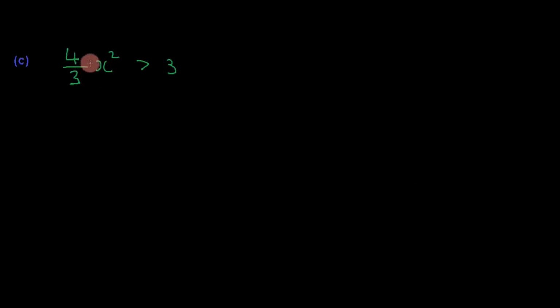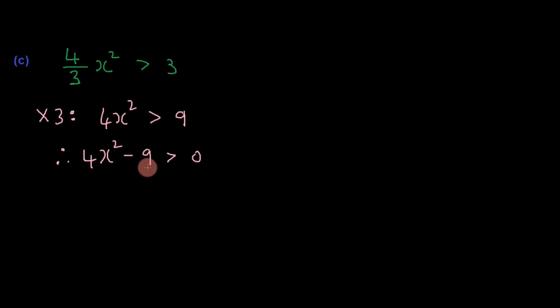So in C, we have 4/3 x squared is greater than 3. We can start by getting rid of the fraction here and multiply through by 3. So we get 4x squared is greater than 9. Now we can bring the 9 to the left-hand side.